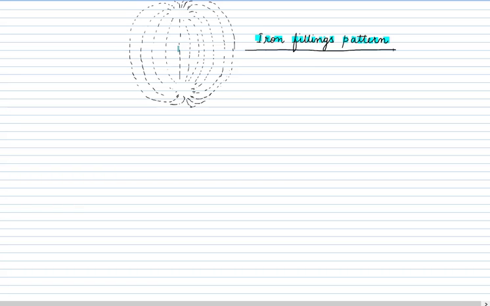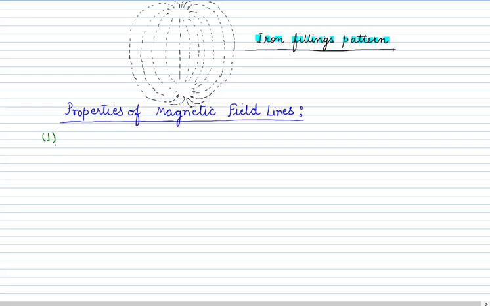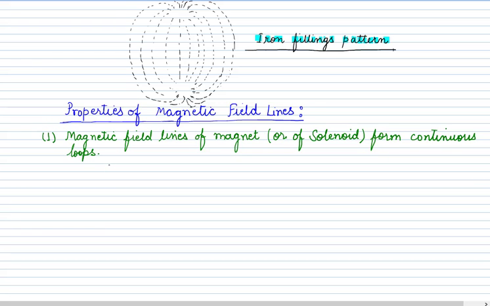So we conclude that magnetic field lines are visible and they have certain properties. Let us study the properties of magnetic field lines. The first property is that magnetic field lines of a magnet or of a solenoid always form continuous loops.